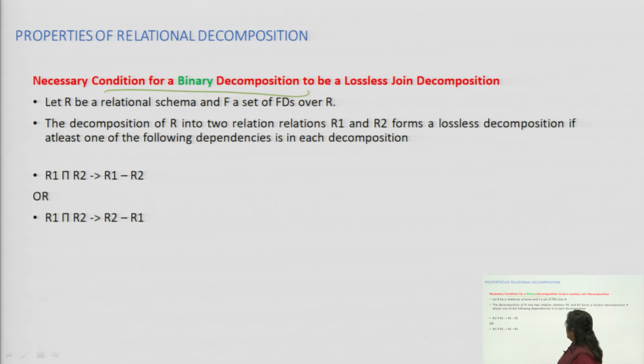That is, any decomposition of R into 2 relations R1 and R2 will be a lossless decomposition if at least one of the following dependencies is there in the decomposition. That means, R1 intersection R2 determines R1 minus R2, or R1 intersection R2 determines R2 minus R1.